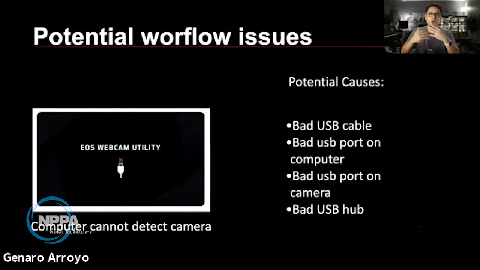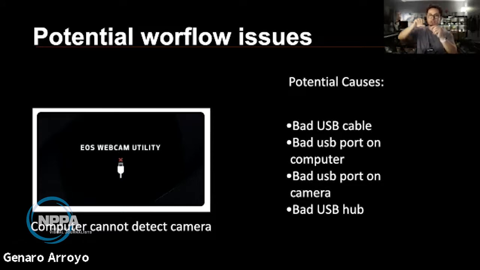So potential culprits, basically, what could be causing this? This is most likely where you might have an actual wire issue, where you have a bad USB cable, the port on the computer is bad, the port on the camera is bad, so hence that'll be a service call, or you're using a bad USB hub. So obviously especially with the newer MacBooks, you have limited ports.